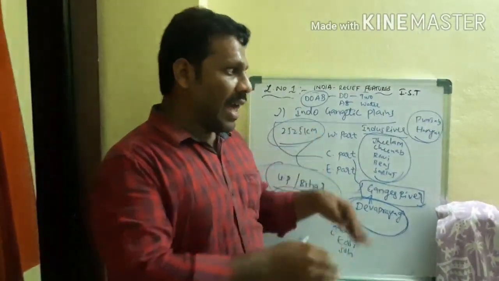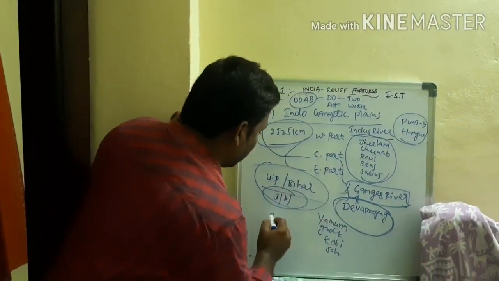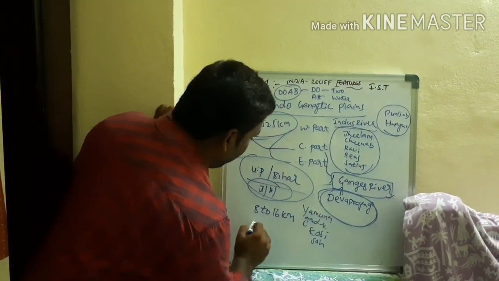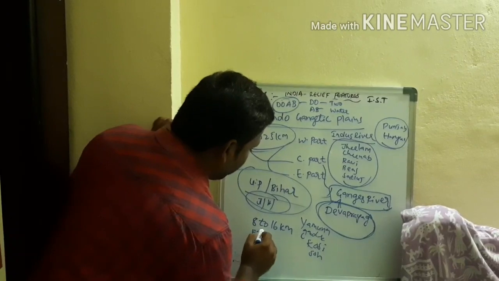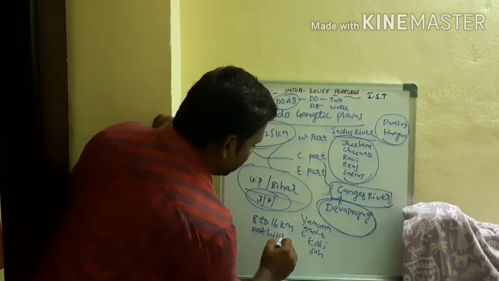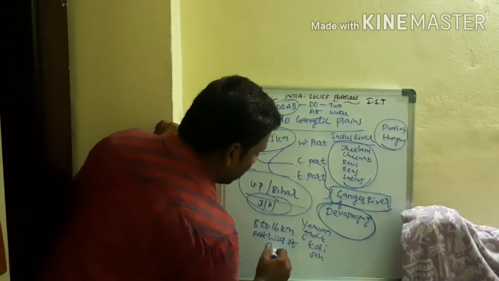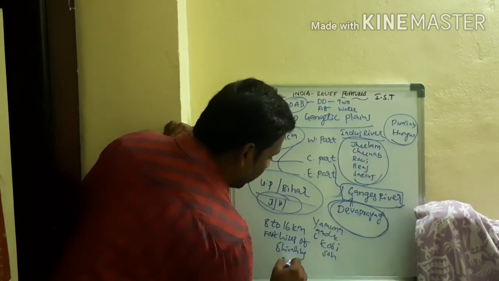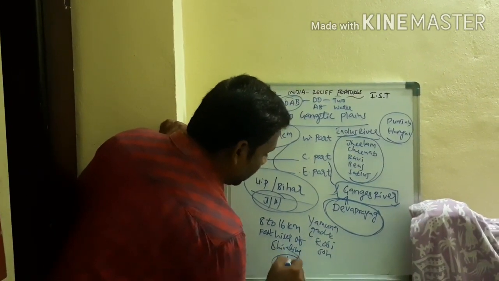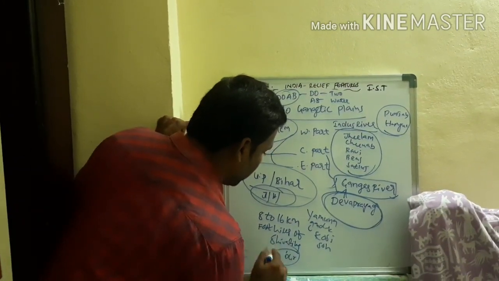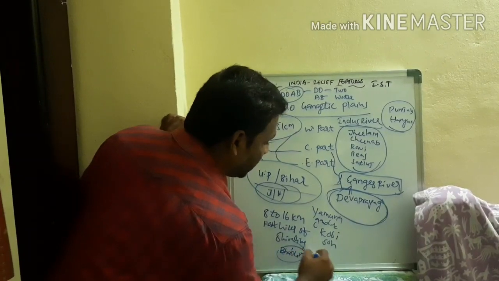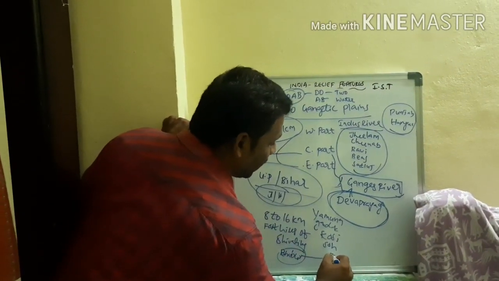While carrying all these, it extends some 8 to 16 kilometers along the foothills of the Shivaliks. That is called what? Babar. Not Babur of the Mughal Empire, it is separately Bhabar. It is of a porous nature.